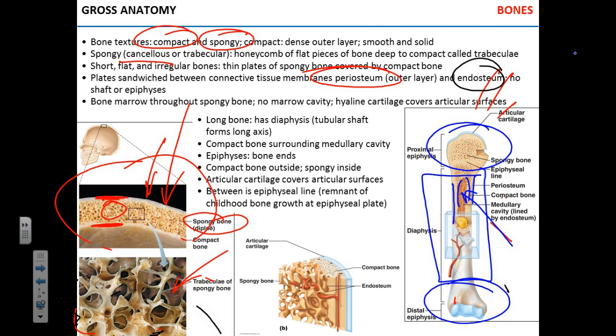Long bones articulate with each other. Now, the new word for you may be articulation. When two bones form a joint, when they contact each other, they articulate. Your mandible articulates with temporal bone. Temporal bone articulates with the parietal bone. They are in touch. Ribs articulate with sternum. Does that make sense?